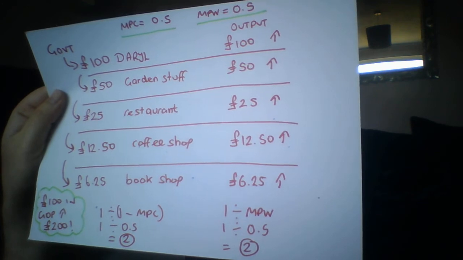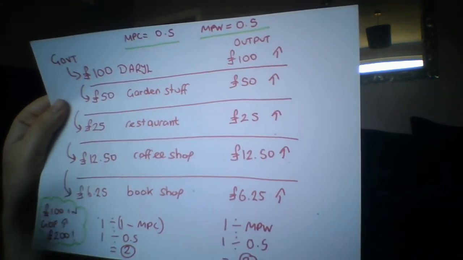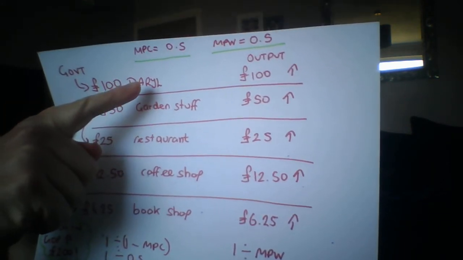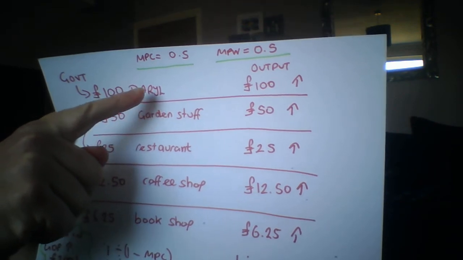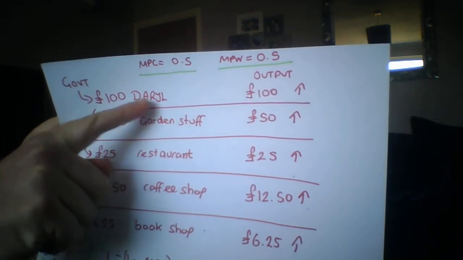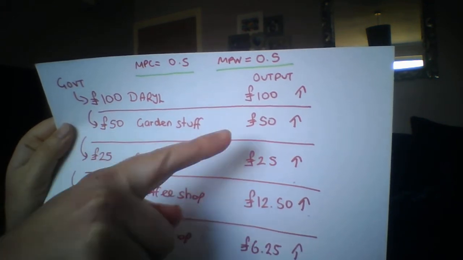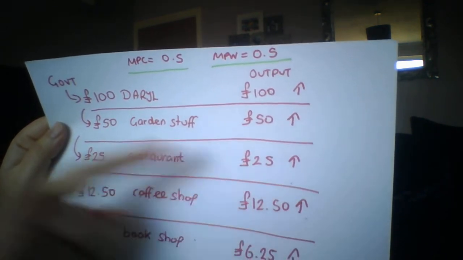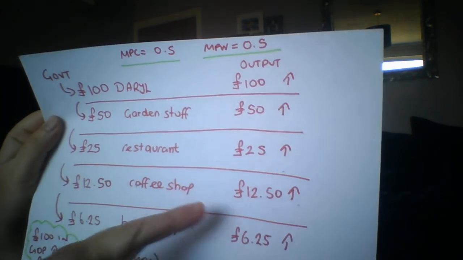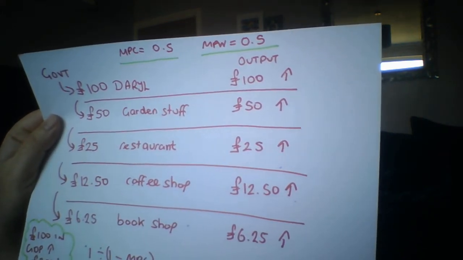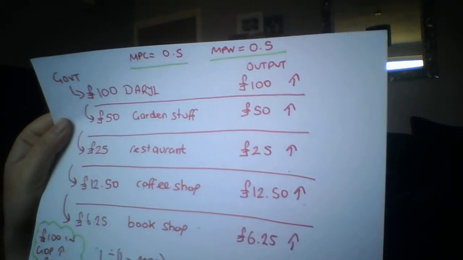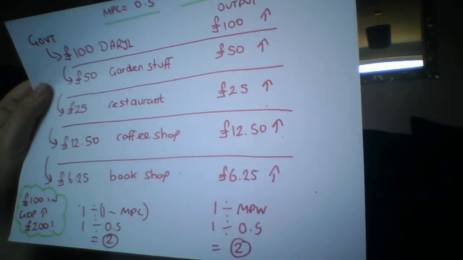Now what you've got then is the impact of the multiplier. From my £100 that I was given extra for my output, that created an extra £100 output that I produced. That meant the garden centre then produced an extra £50 of output, the restaurant an extra £25 of output, and the coffee shop £12.50 of output, and then the bookshop £6.25 in output as well.